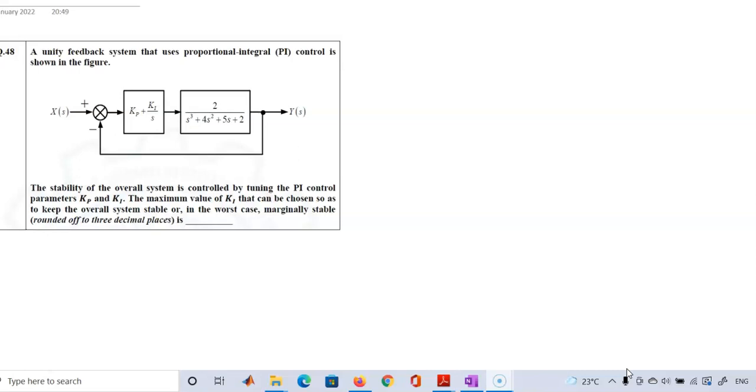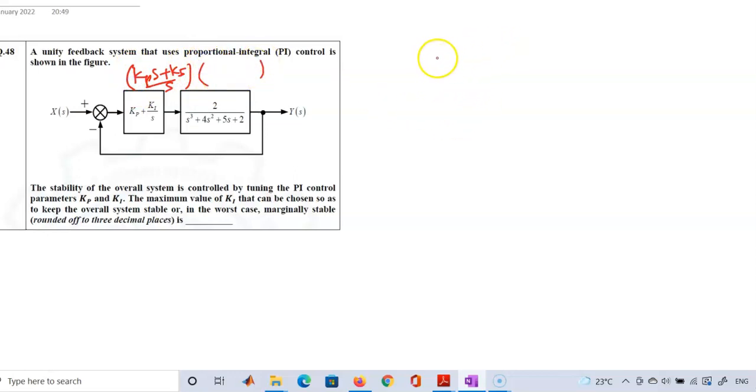Here the question is, by glancing at it we can see that we'll use the Routh-Hurwitz criteria. So find the characteristic equation. Overall G(s) is the multiplication of (Kp s plus Ki by s) multiplied by this.